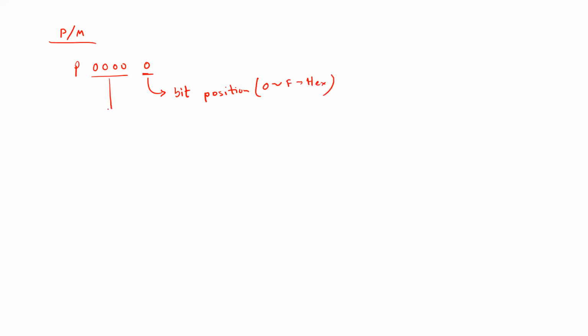These 4 digits in the middle are representing the word number, and these 4 digits can contain the numbers from 0 to 9, or they can contain decimal numbers. However, for most of the PLCs, they are limited from 0000 up to 1023. And this first portion actually indicates the memory segment.